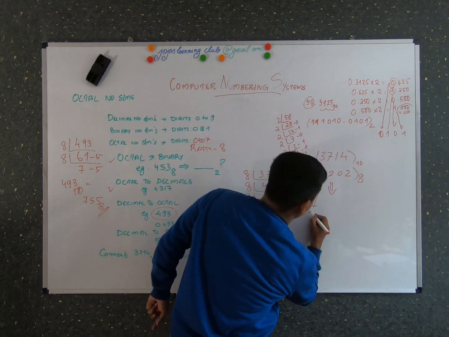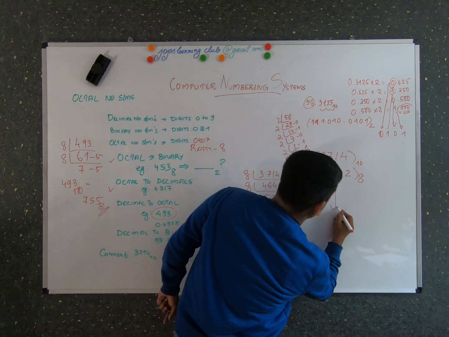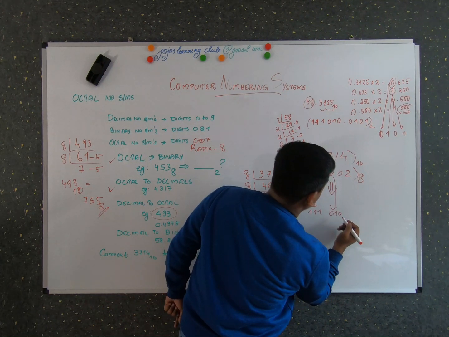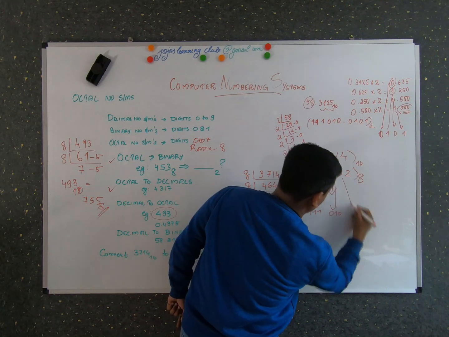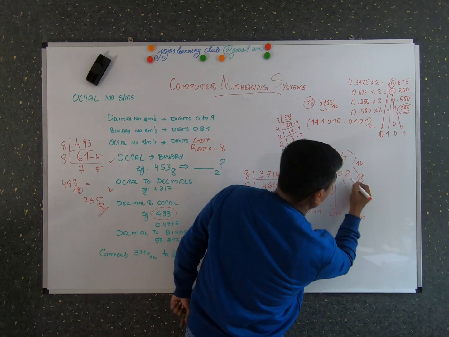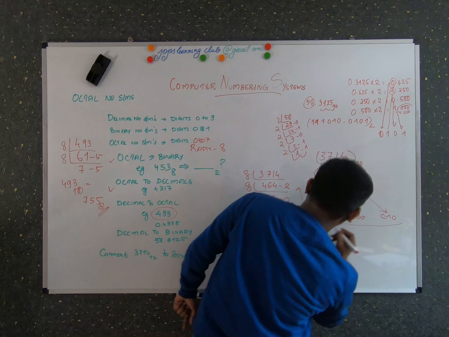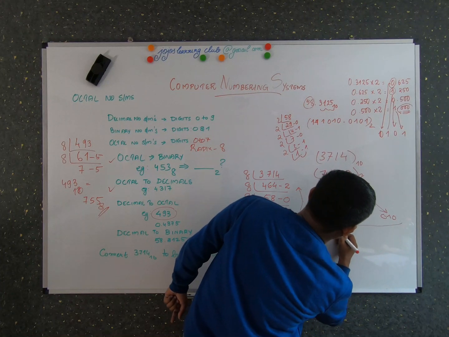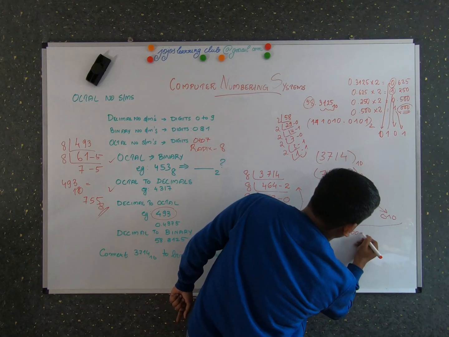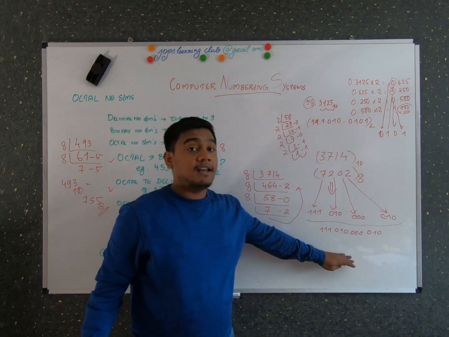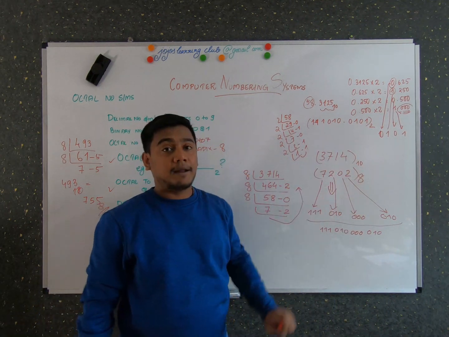For 7 it is 1 1 1. For 2 it is 0 1 0. Here it is 0 0 0 and here it is 0 1 0. So just group it together: 1 1 1 0 1 0 0 0 0 0 1 0. This is the binary number for this decimal number.